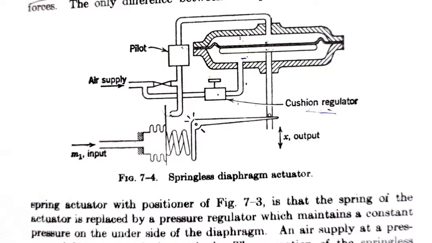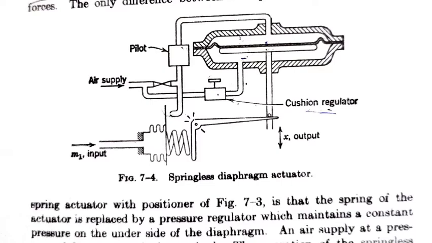This is the only difference. Because there is no spring, for the diaphragm to come back to the original position we need to connect another thing to replace that spring. Here that is a cushion regulator. From the cushion regulator, we are going to supply air pressure from the downward direction. Then the diaphragm will move to the original position.